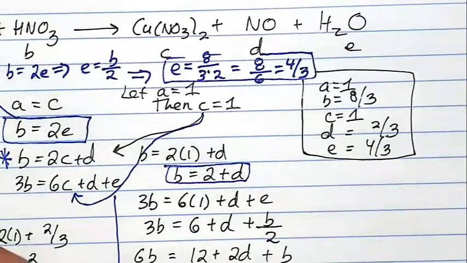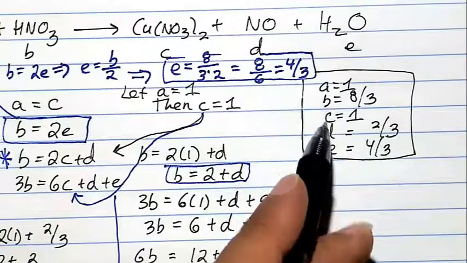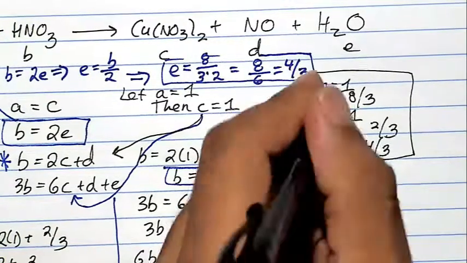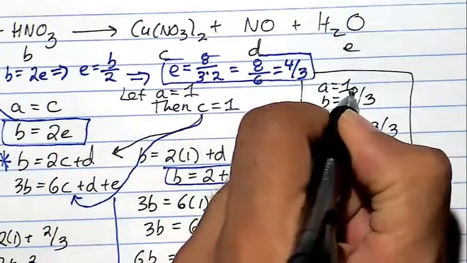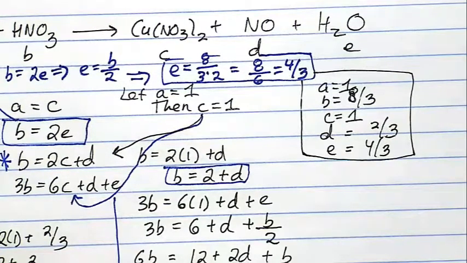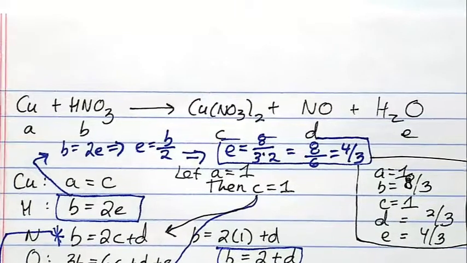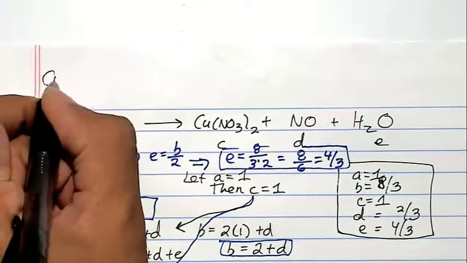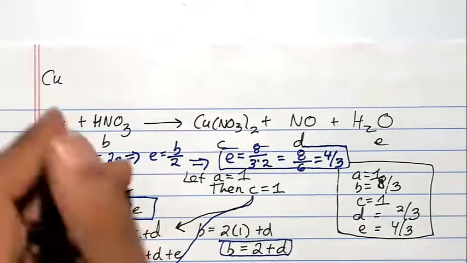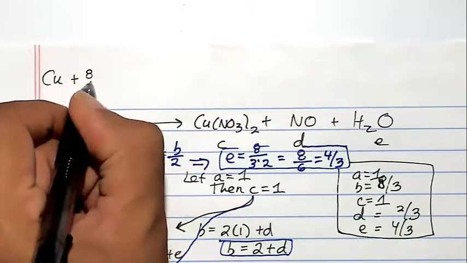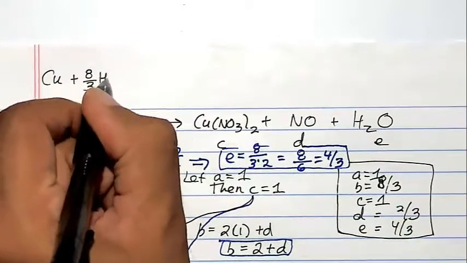So there we have it. We have A, B, C, D, and E. So let's put them in. Okay. So A is 1. So let's move it up here. A is 1. That's copper nitrate. B is 8/3. So we have 8/3 HNO3.